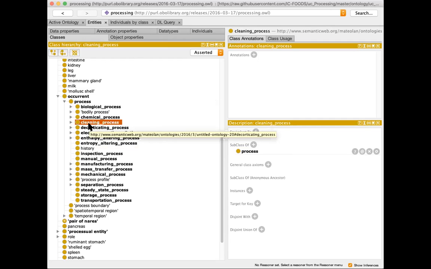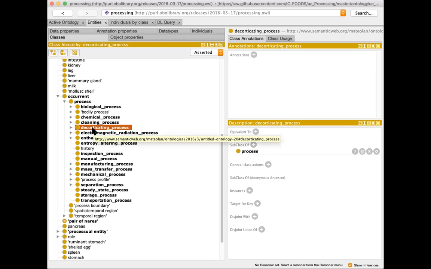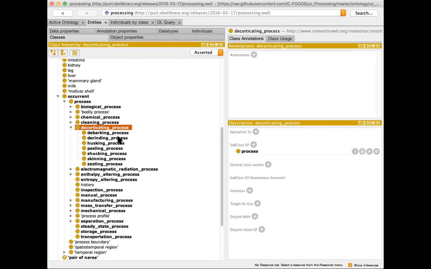But we did break things down in terms of the types: biological, chemical, and then certain types of physical. So this decorticating process would be a physical process, which is the removal of an outer layer. So these types of things happen in food all the time.